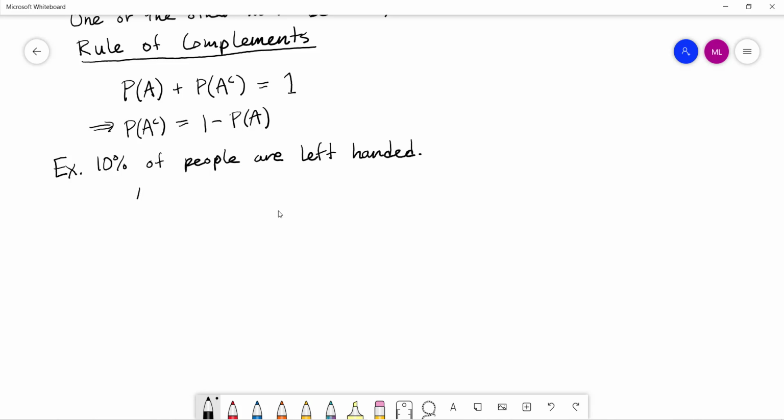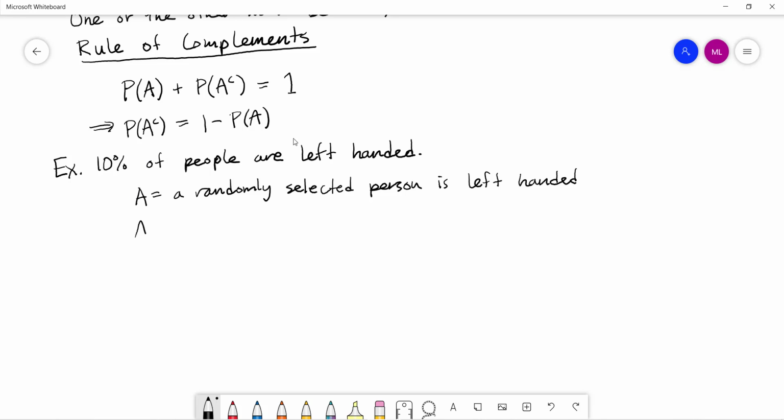So I'm going to say that event A is the event that a randomly selected person is left-handed. And I made this number up. It's probably close to 10%, but I don't know the exact number.